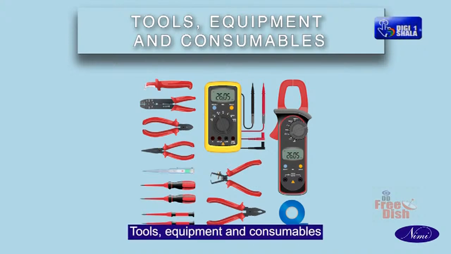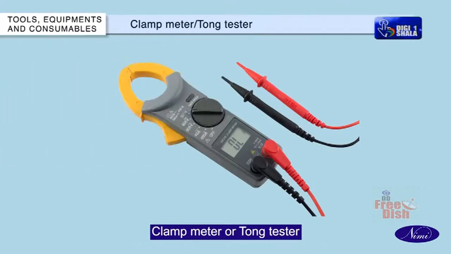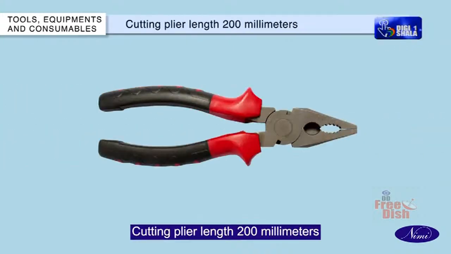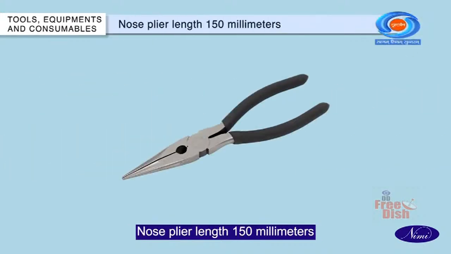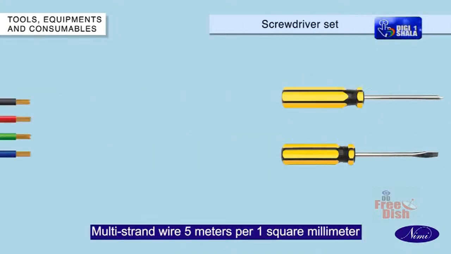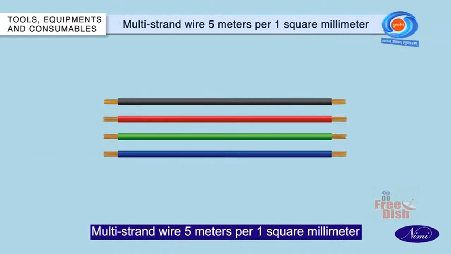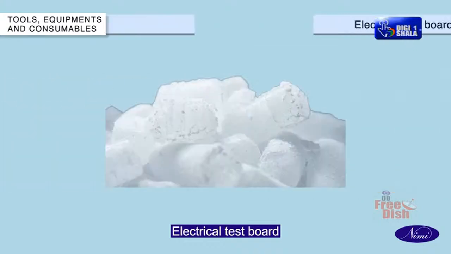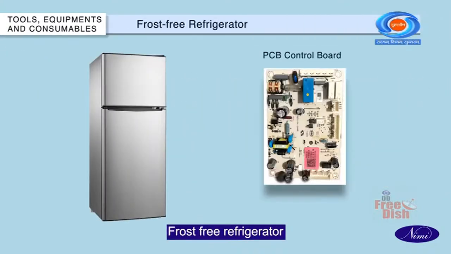Tools, equipments, and consumables: clamp meter or tong tester, line tester 500 volts, cutting plier length 200 millimeters, nose plier length 150 millimeters, screwdriver set, multi-strand wire 5 meters per 1 square millimeter, bulb holder, electrical test board, dry ice, frost-free refrigerator.